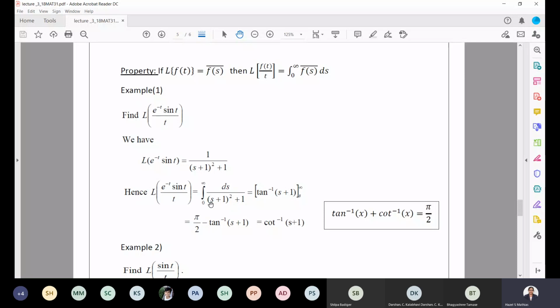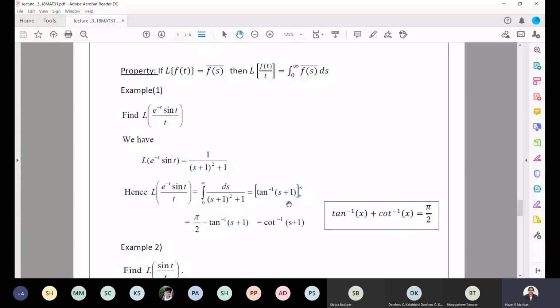You all remember that formula? So s here is s plus 1 and a is 1. So the integral is nothing but tan inverse of (s plus 1) divided by 1. How do we get this? There is a standard formula: the integral of ds by s square plus a square is tan inverse of s by a. s is s plus 1, a is 1, so you will get tan inverse of (s plus 1) by 1.